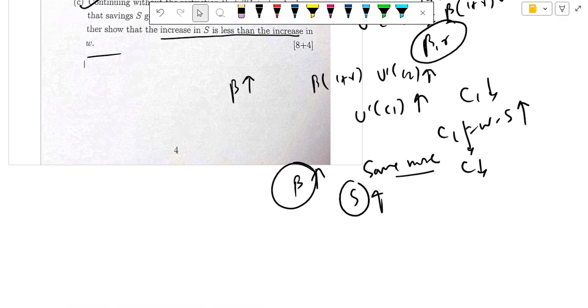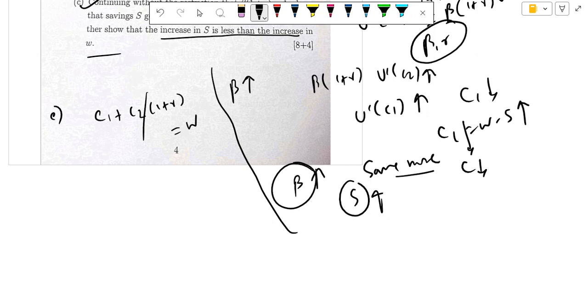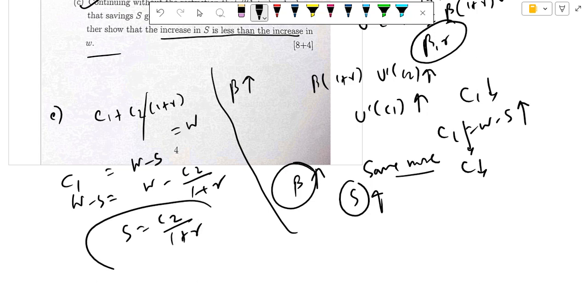So in this case, c1 plus c2 over (1 plus r) equals w. We have to rearrange. So c1 equals w minus s. We have w minus s equals w minus c2 over (1 plus r). So s equals c2 over (1 plus r).